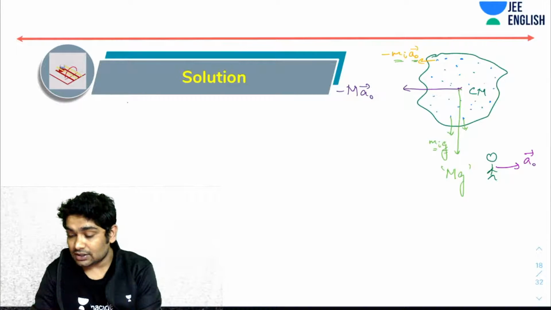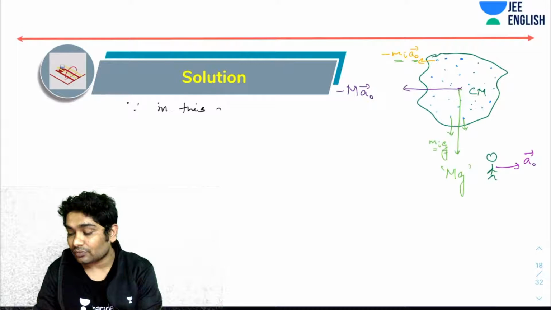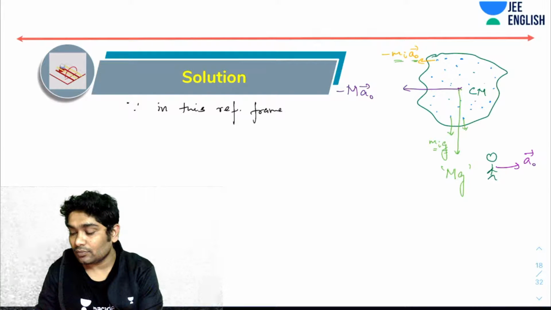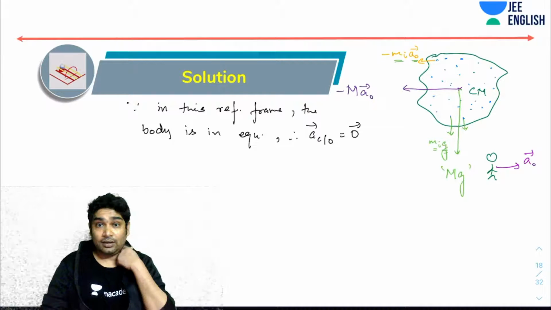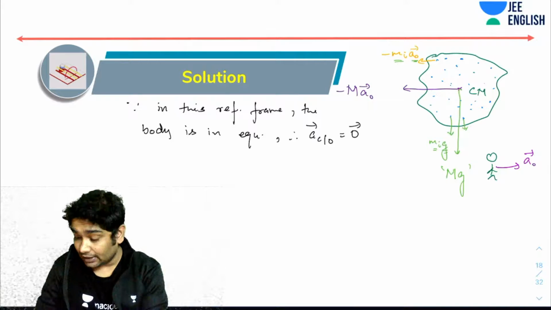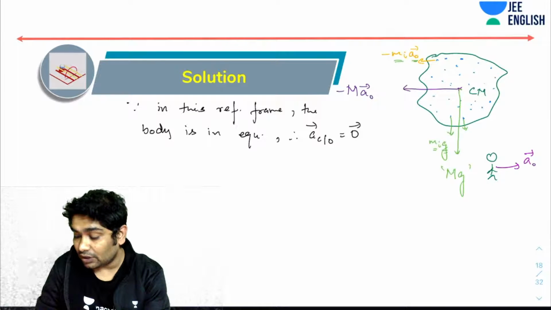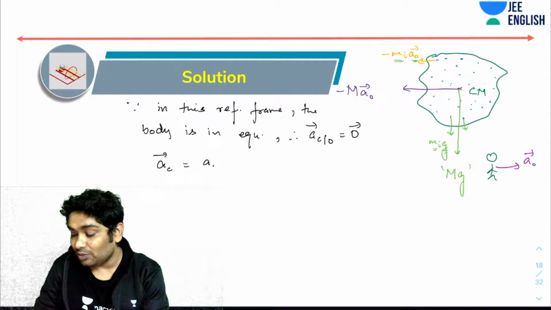Since in this reference frame the body is in equilibrium, therefore the acceleration of CM with respect to the observer must be 0, right? What does that tell me? That tells me that the acceleration of CM with respect to ground is the acceleration of the observer.